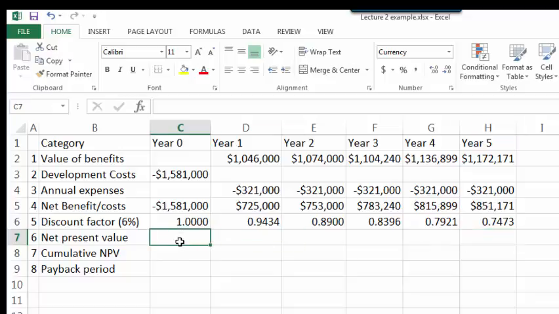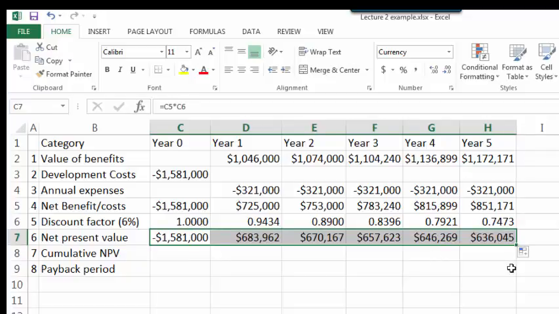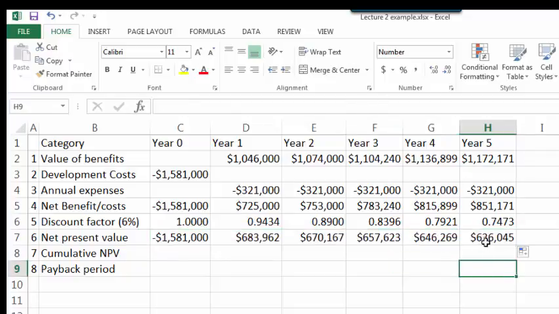This one equals this times this one. We can simply drag to copy this formula to all the other cells. You can see for the fifth year, the net benefit cost is 800,000 something, but that is equivalent to only about 600,000 something in present value. So we use that one to do the calculation.